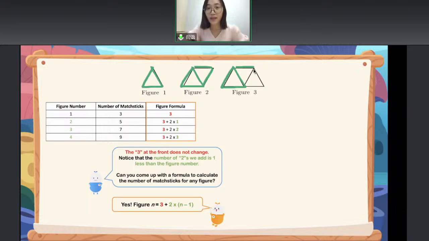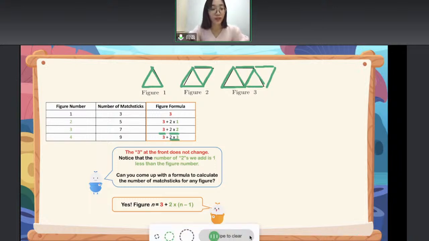And then 1, 2, and also 1, 2. So how many 2 matchsticks do we need to add? We need to add 2 times 2. So here, how can we get 7? For 7, that is a basic 3 plus 2 times 2. Now following this, what about figure 4? For figure 4, you add another 2 matchsticks here. So again, we can turn that into 3 plus 2 times 3.